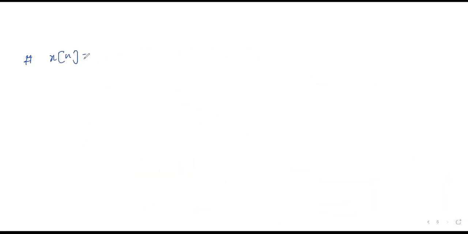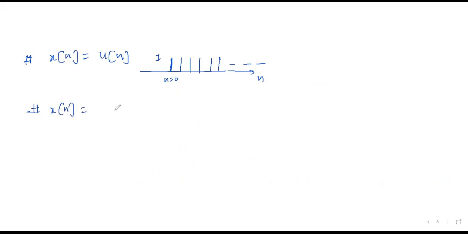x of n equal to u of n. So this represents the u of n. X of n equal to n times u of n.